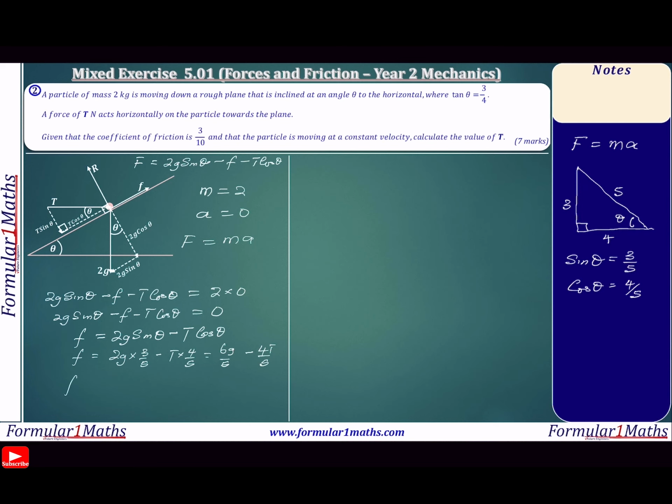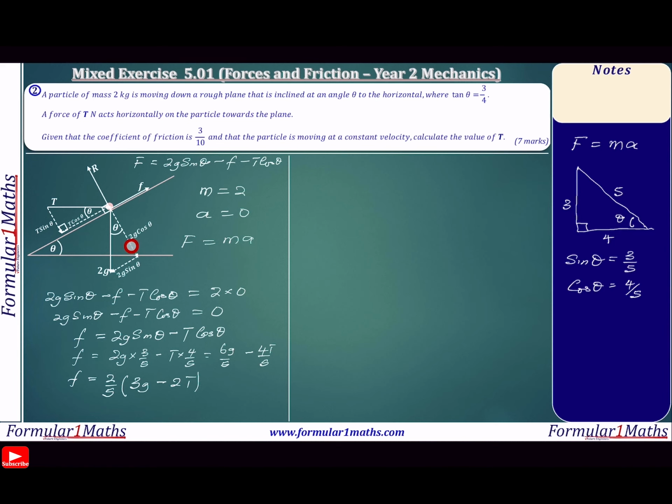So F will become 2 over 5 brackets 3g minus 2T.